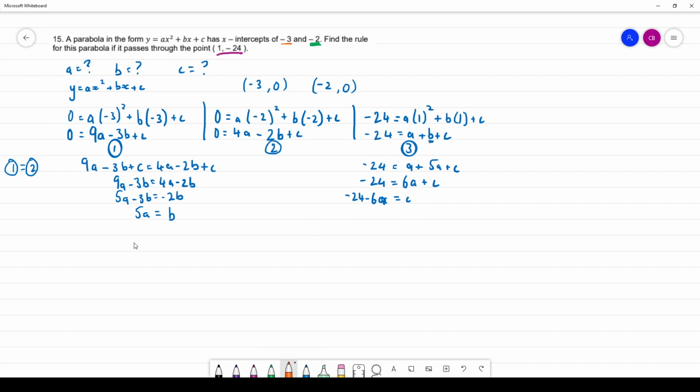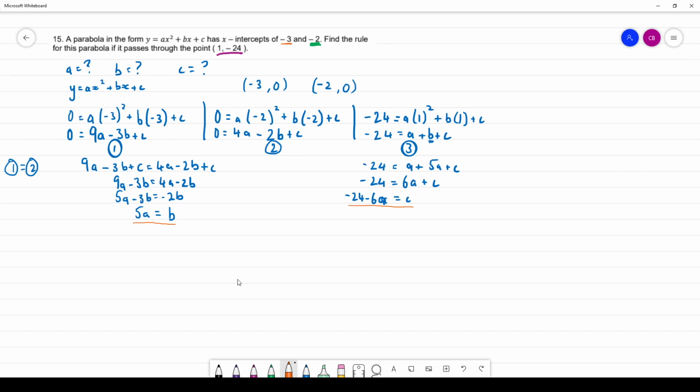Maybe I could combine this piece of information and this piece of information into, I don't know, equation 2? Because if I replace b with a, then I've gotten rid of b, and I'll have 4a minus something with a. And if I replace c with something with a, then everything will be in terms of a.